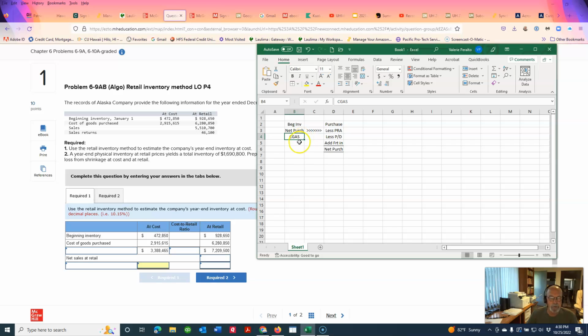Cost of goods available for sale. And then the next part of this equation is if we subtract out our ending inventory, then the resulting amount is our cost of goods sold.